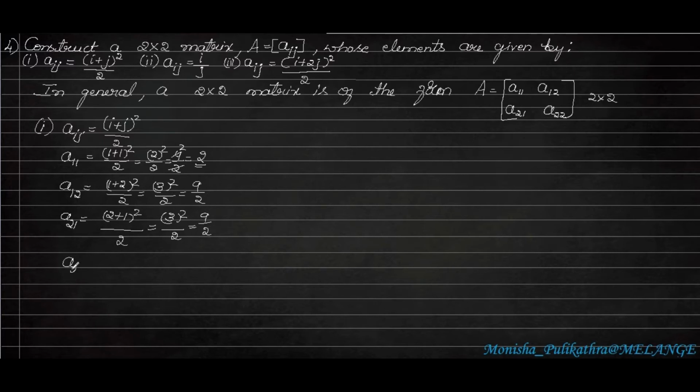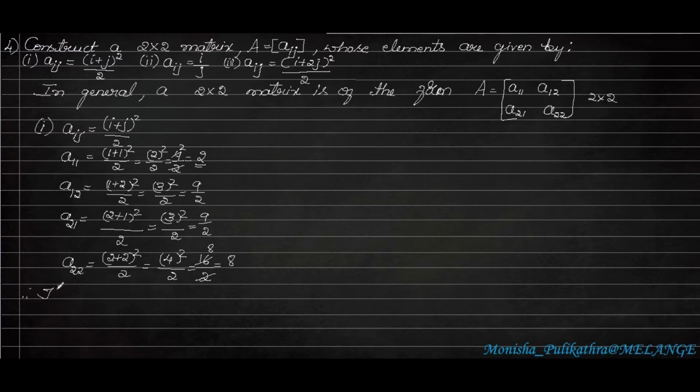So next, fourth one is A22, that is (2 plus 2) whole square divided by 2. So 2 plus 2 is 4 square divided by 2, that is 16 divided by 2. 4 4s are 16, 2 8s are 16. Okay, so this is 8.